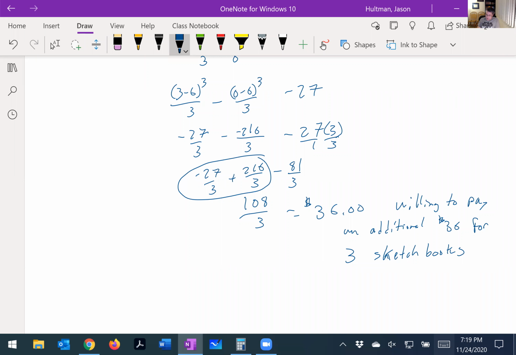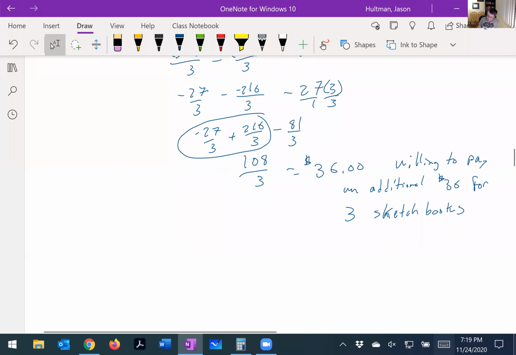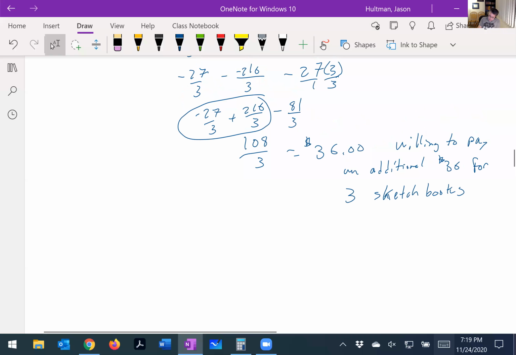But I got them for $9 a piece. Yeah, 36 is the total amount.